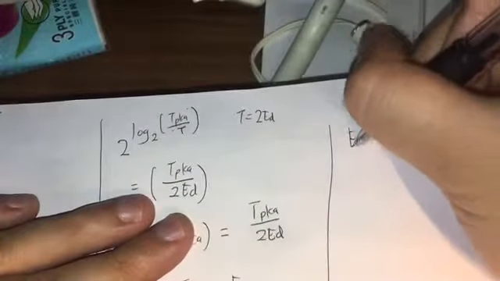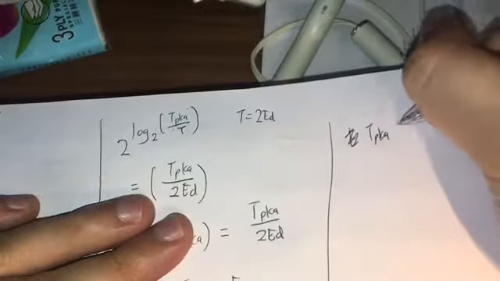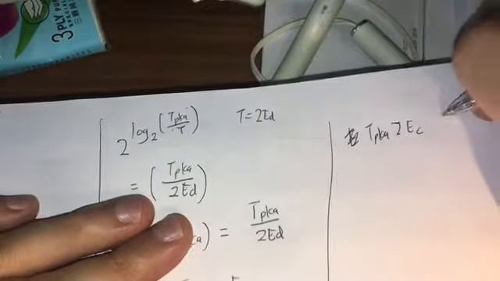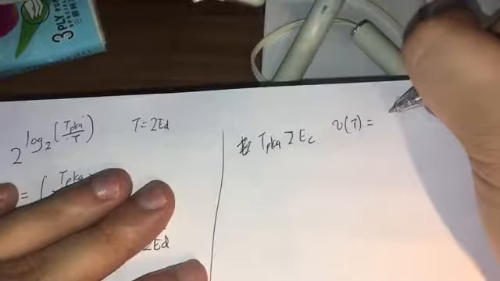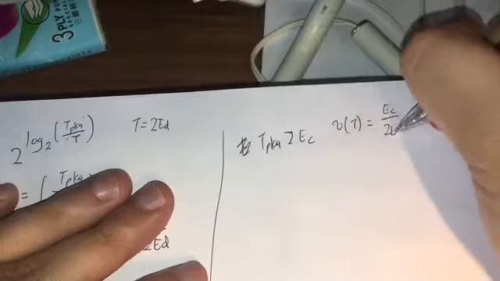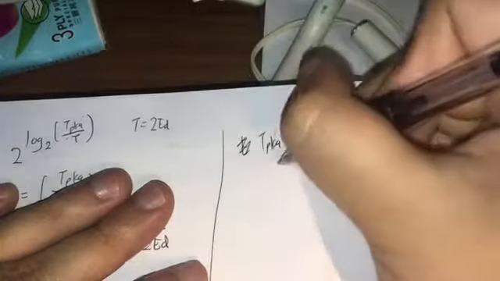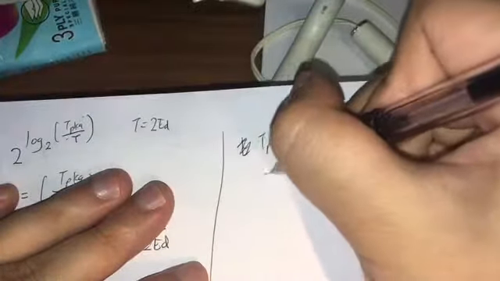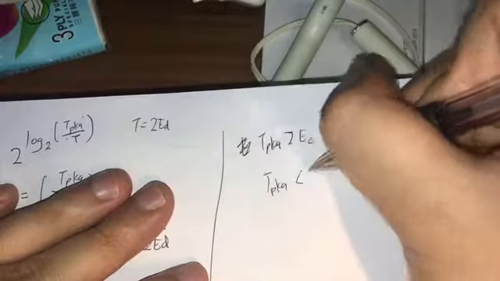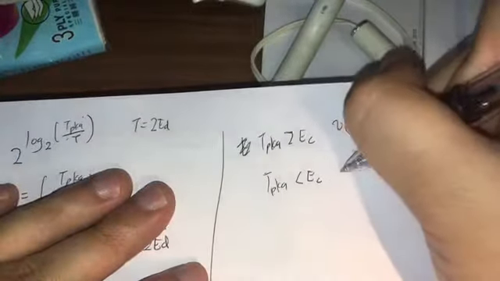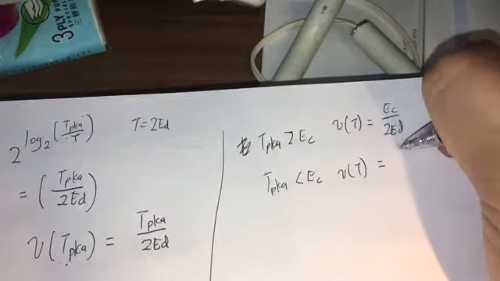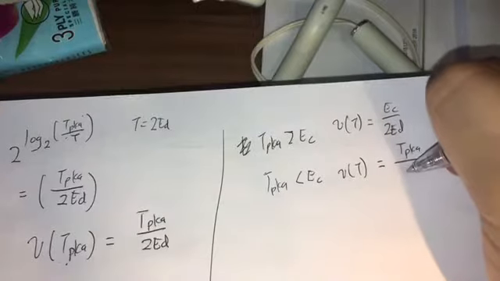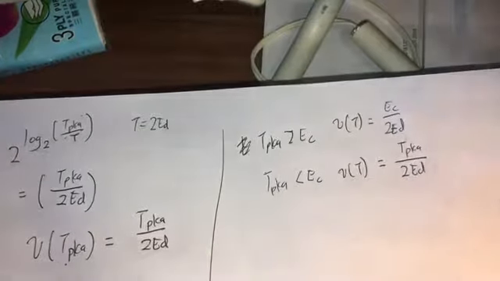T pKa more than EC, V of T equals EC over 2ED. T pKa less than EC, V of T equals T pKa over 2ED. Alright, so these are two of the regimes.